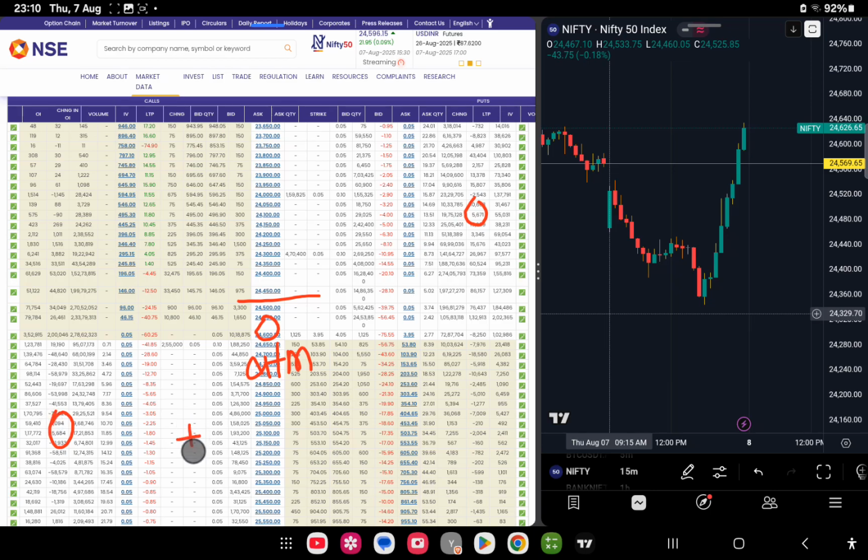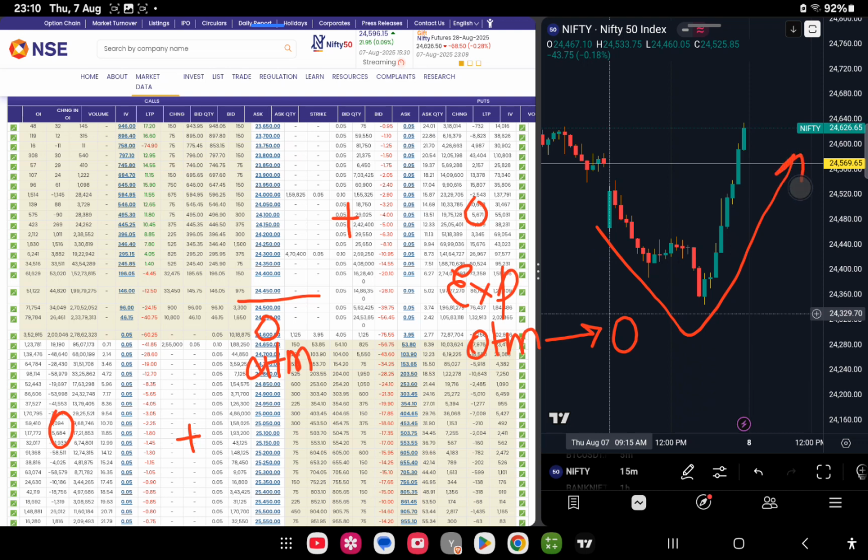OTM definitely has positive decay because during expiry OTM becomes 0. You can clearly see it's a V-shaped recovery in the market. ITM not much of a move because decay was under control.